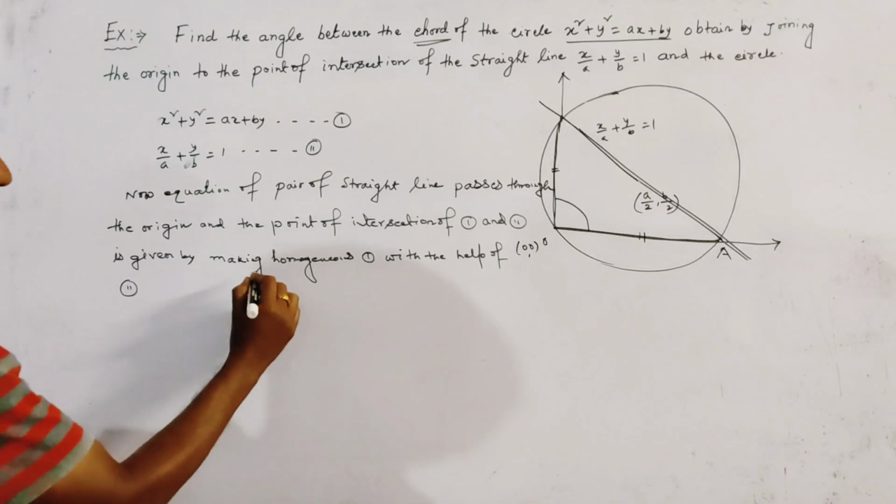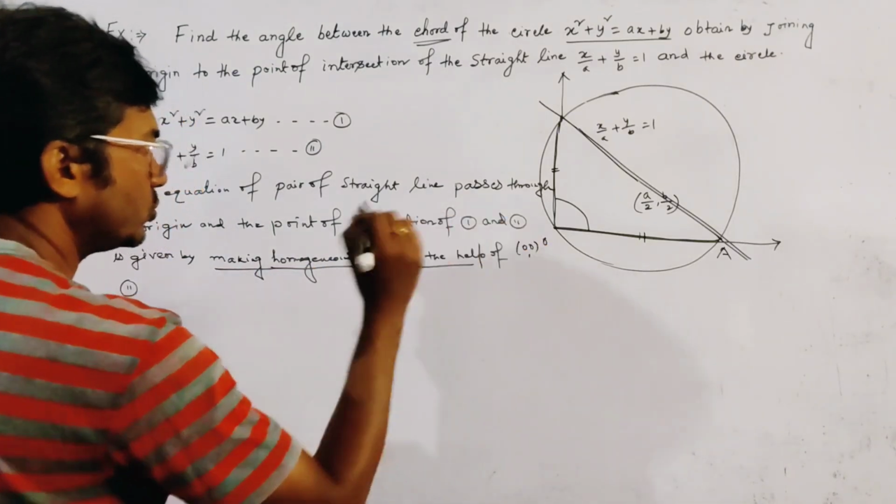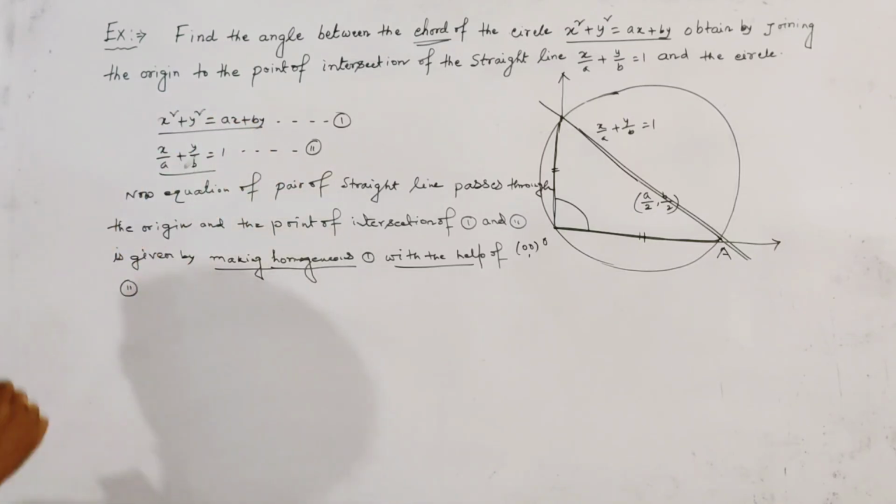This is a very important process, making 1 homogeneous with the help of 2. Now we have to make 1 homogeneous with the help of this line.